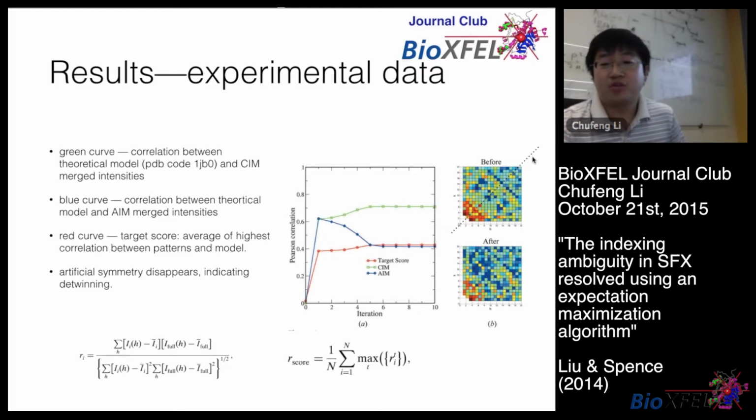The symmetry is about this dotted line, right? And this is artificial before detwinning. After several iterations, you can see that the artificial symmetry disappears. So that indicates the success of this EM algorithm implementation in this problem.